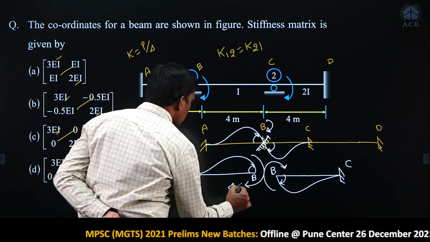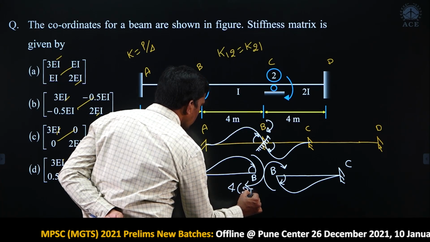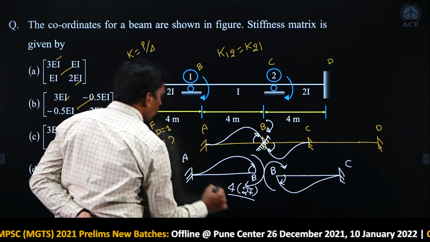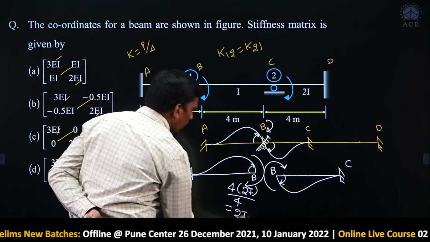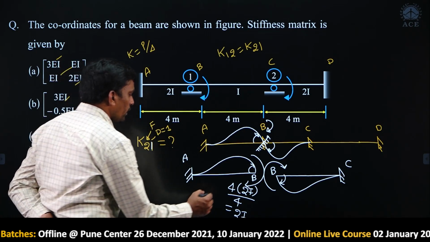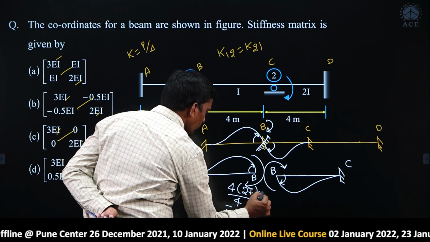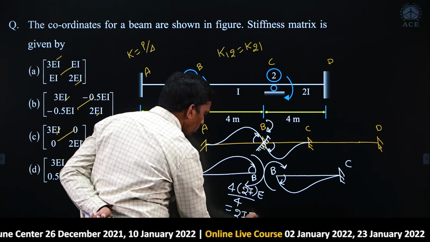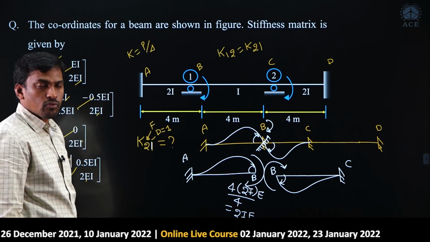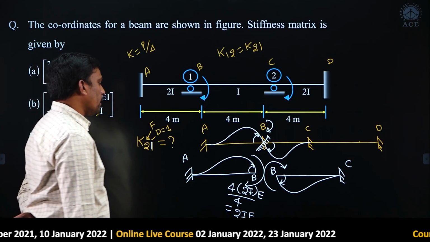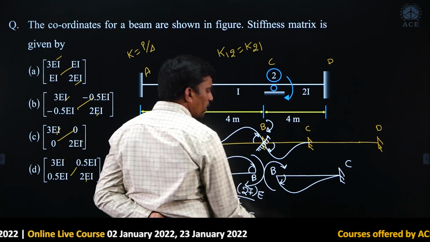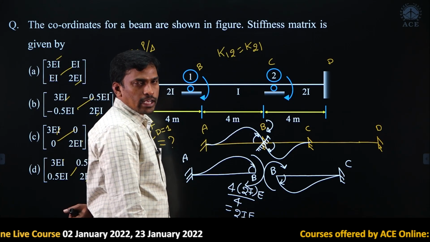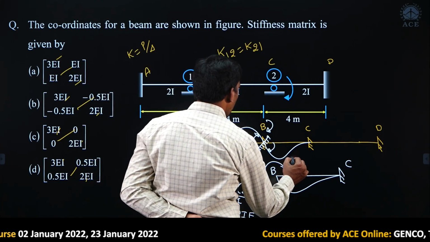4EI, I is given 2I by 4, it means this is 2I, okay, 2EI, 4EI by L. Then similarly, for the member BC, far end is fixed support, how much moment is required to get the unit rotation? 4EI by L only, okay.